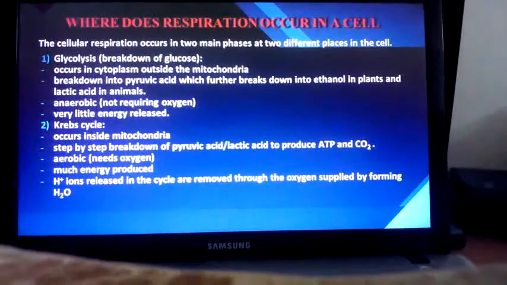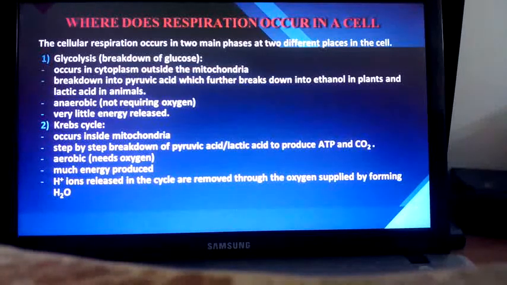The second phase is the Krebs cycle, which occurs inside the mitochondria. Here only, actually, the energy is released. Step by step breakdown of pyruvic acid, lactic acid to produce ATP and carbon dioxide. Here it is totally aerobic, needs a lot of oxygen, and much energy is produced.